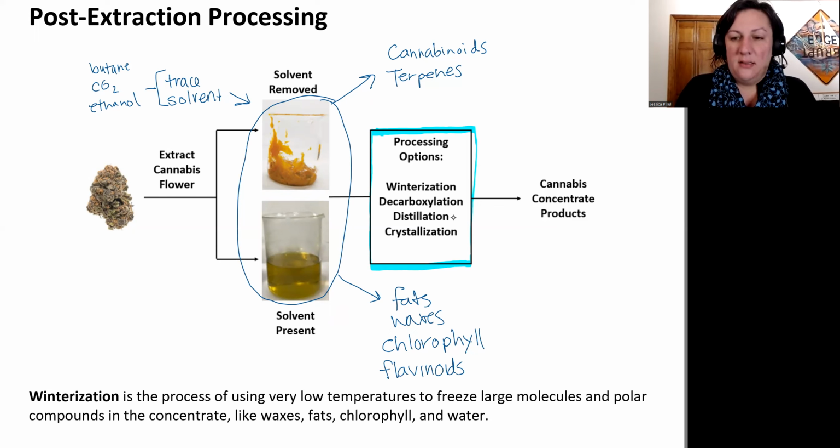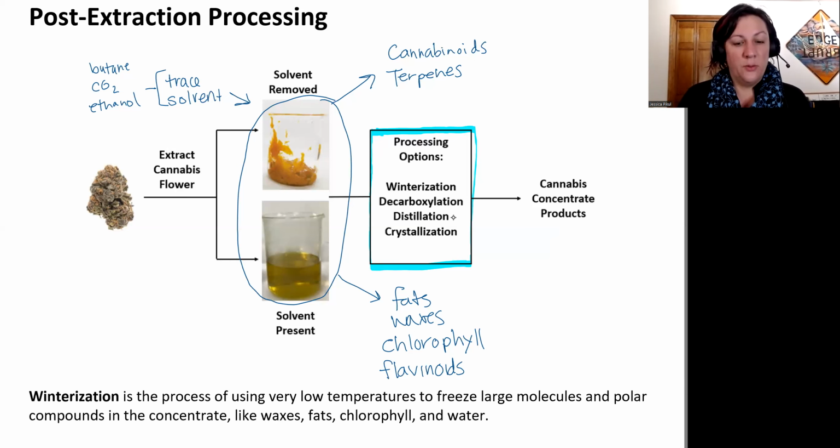And these might be things like phenolic acids. They might be flavonoids or glycosides, which are flavonoids that are attached to sugars. And so in our actual extract, we don't have just THC and a few terpenes or THC and CBD.